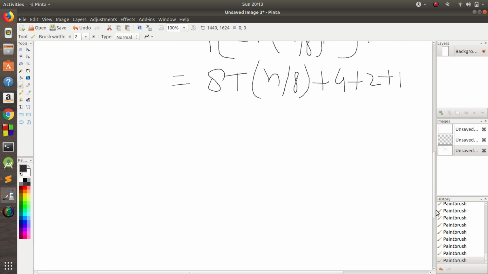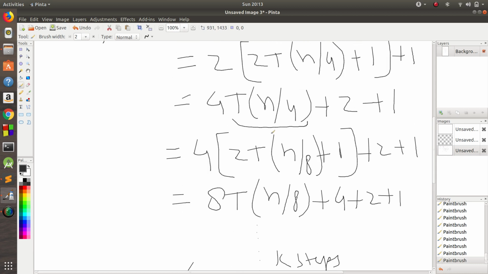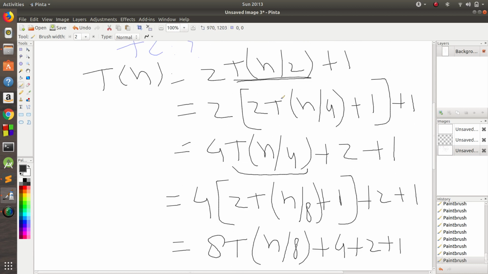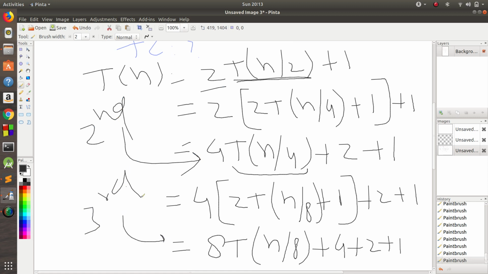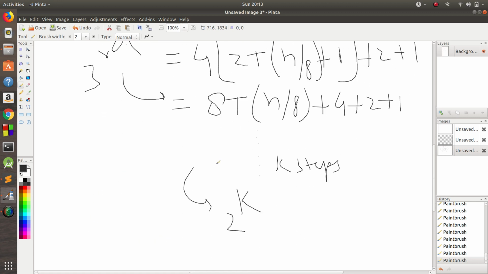So if I do this for k steps, this can be written as 2 raised to power k, because in the first step I was having 2, in the second step I was having 4, in the third step I was having 8. So the constant used is the power of 2 into i, where i is the step.